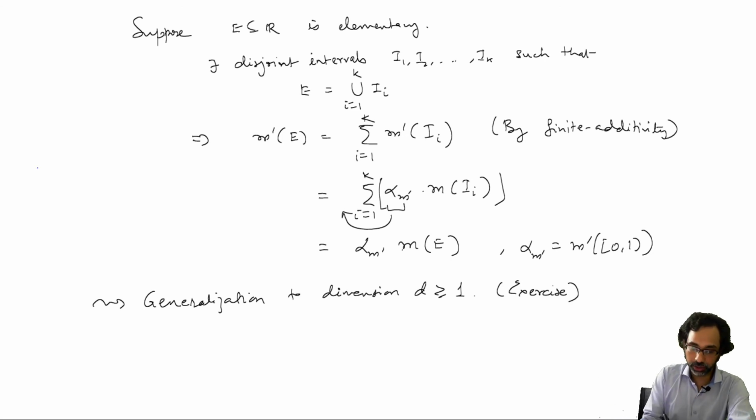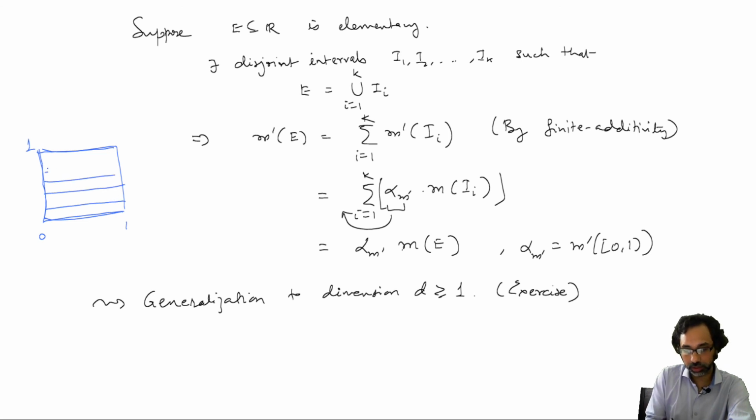So for example, in dimension 2, if you have a box, so let's say this is 0, 1 cross 0, 1, then you have to chop this up into size 1 over n in the y direction and also in the x direction, 1 over n.